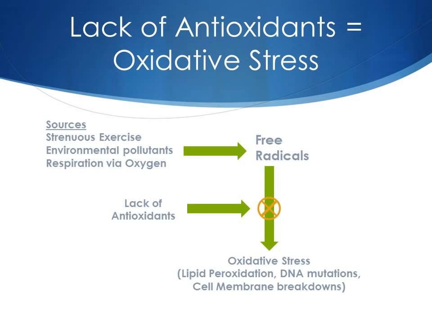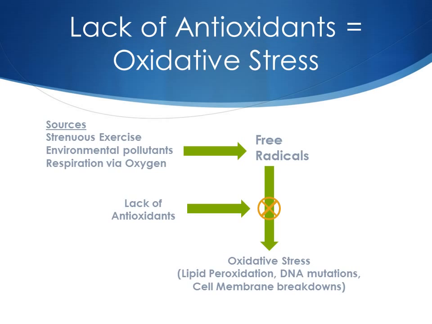So, in essence, the lack of antioxidants equals lots of oxidative stress. Strenuous exercise, environmental pollutants, and just respiration via oxygen, our normal breathing and living, causes free radicals to form inside of our bodies. And because we have a lack of antioxidants, because the food we eat is not fresh, we eat a lot of processed foods, we don't get a lot of antioxidants from our daily living.